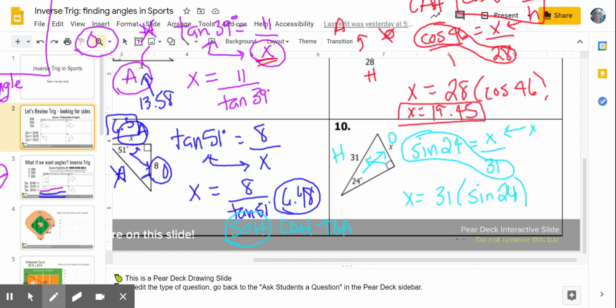Is it going to be smaller than 31 or bigger than 31? Boom.